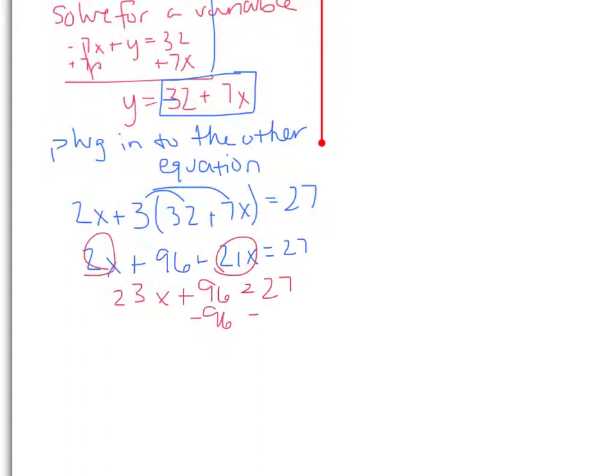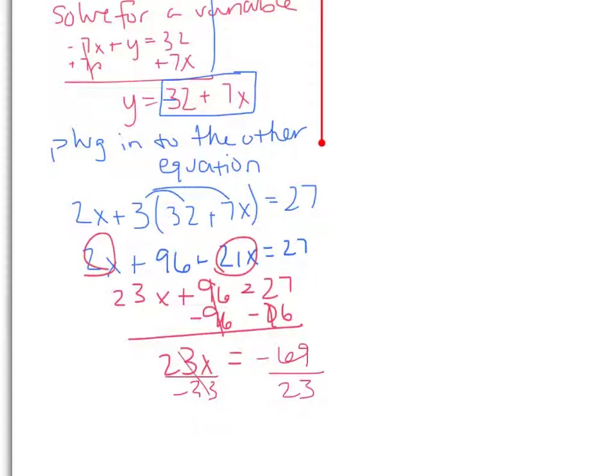Subtract 96 on both sides to cancel that out, 23x equals negative 69. Divide by 23 on both sides, and we get x equals negative 3. Now we know what the x value is that satisfied this system of equations.